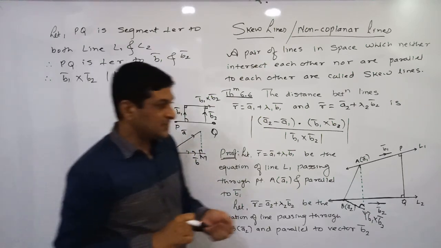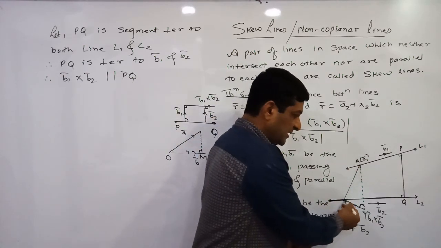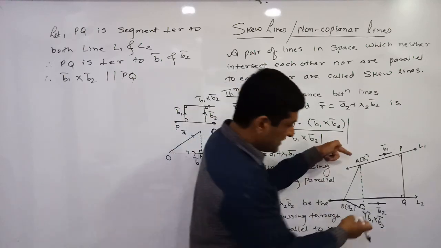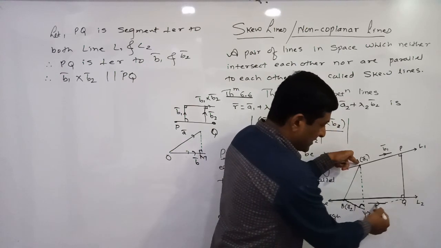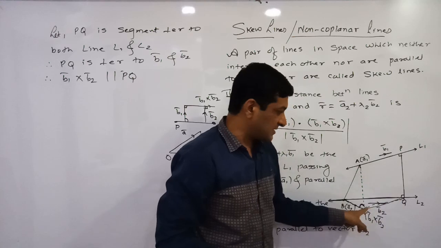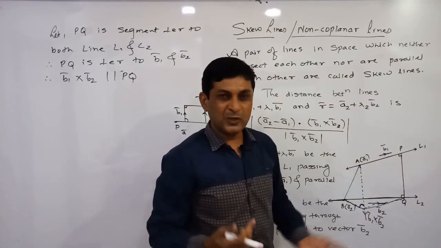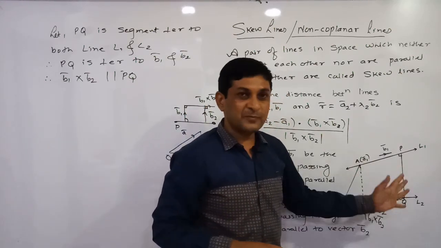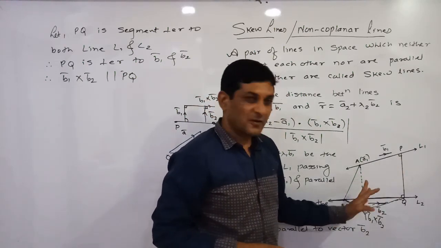So in this case, through the terminal point of AB bar, that is through point B, a perpendicular is drawn on B1 bar cross B2 bar. Then this length is called the projection. If you observe here, in this quadrilateral three angles are of 90 degrees, so the fourth angle is also 90 degrees, because the sum of four angles is 360 degrees. So this quadrilateral becomes a rectangle, since all the angles are 90 degrees.